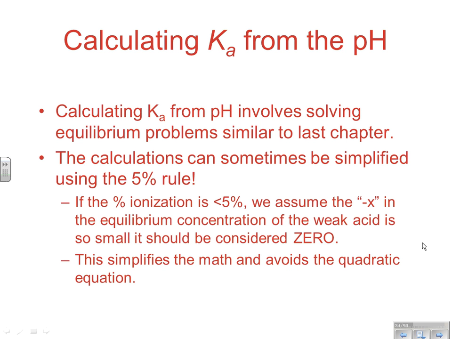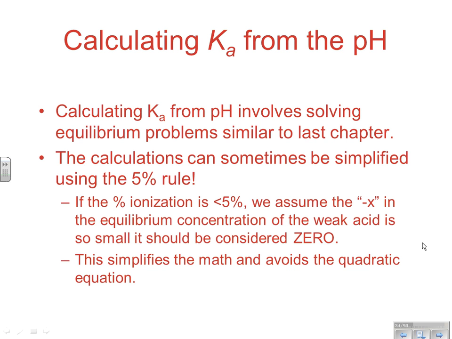The nice thing is there are some situations where you can end up ignoring that x because it's going to end up so small that we can really neglect it. That's one of the things we'll end up looking at in the problems today. So while technically pretty much every problem is a quadratic situation, we can usually get around that. And one thing to keep in mind, the quadratic equation has not appeared on the modern AP test ever.